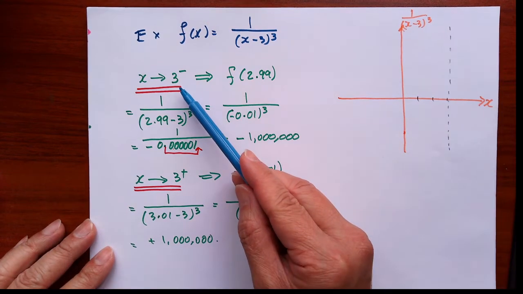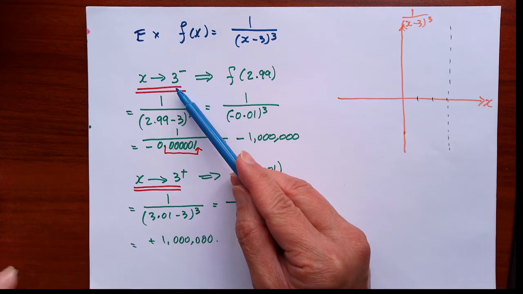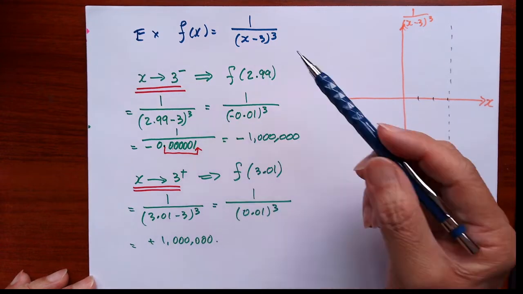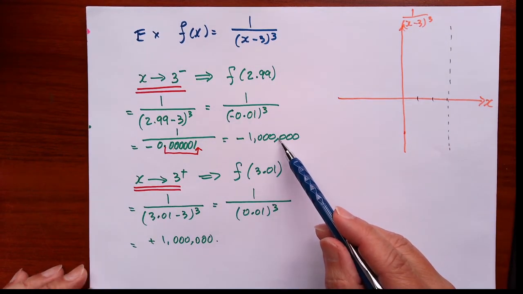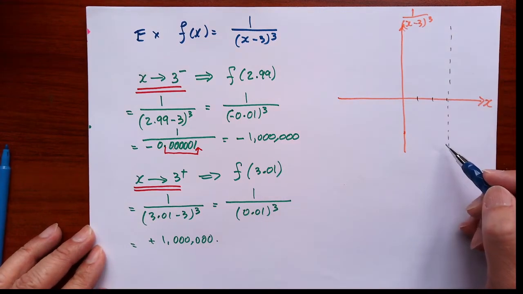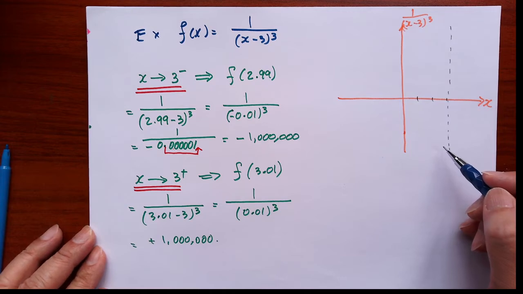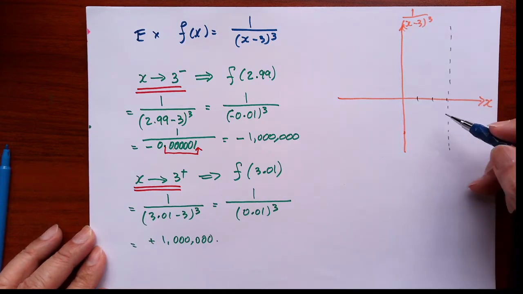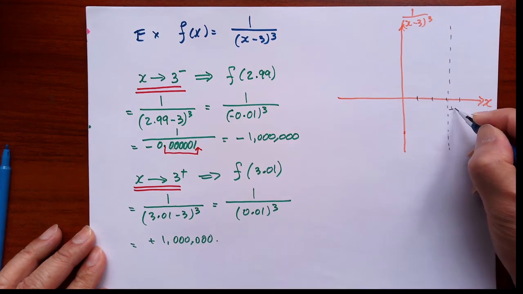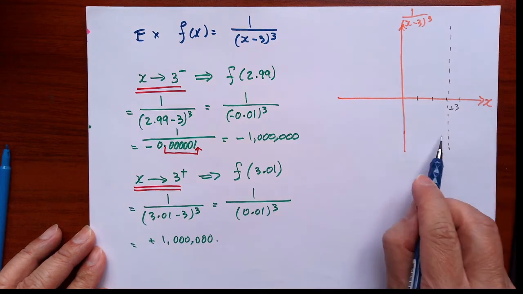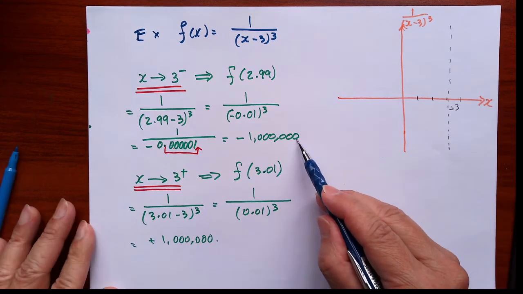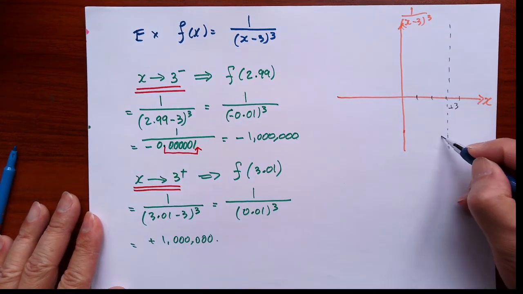As x approaches 3 from the negative, the y value is a very big negative number, meaning it's coming in this way.